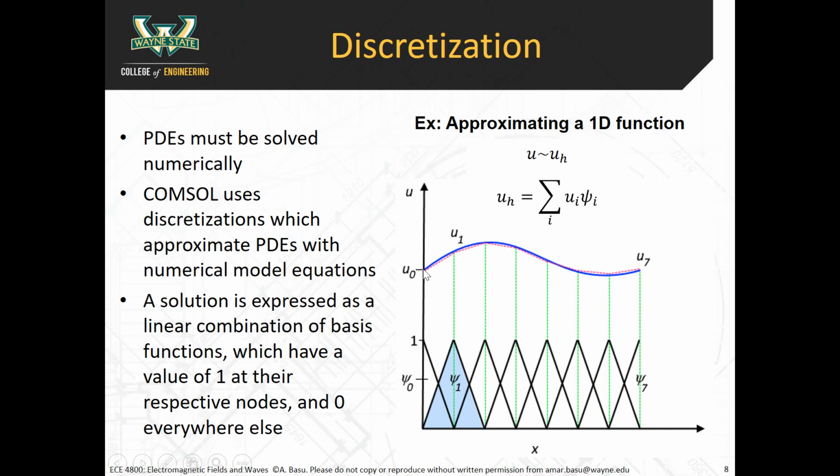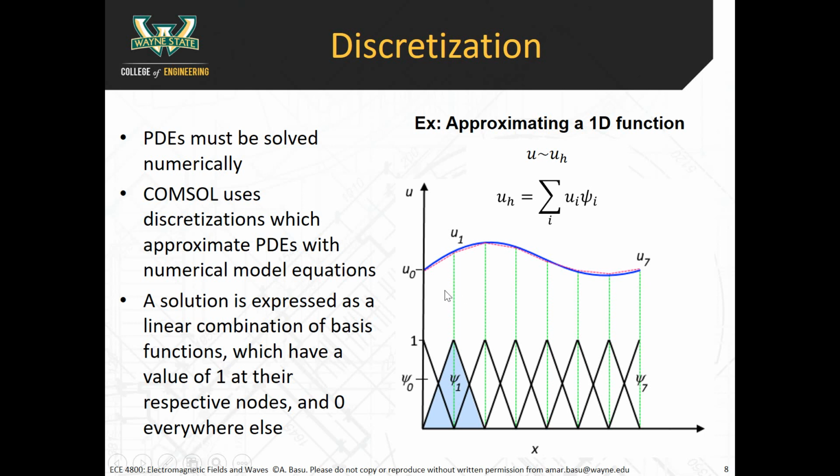You can see this random blue line here can be approximated as a series of linear segments drawn in the purple dashed line here. And the more elements you have, the more accurate that approximation is going to be to that line.